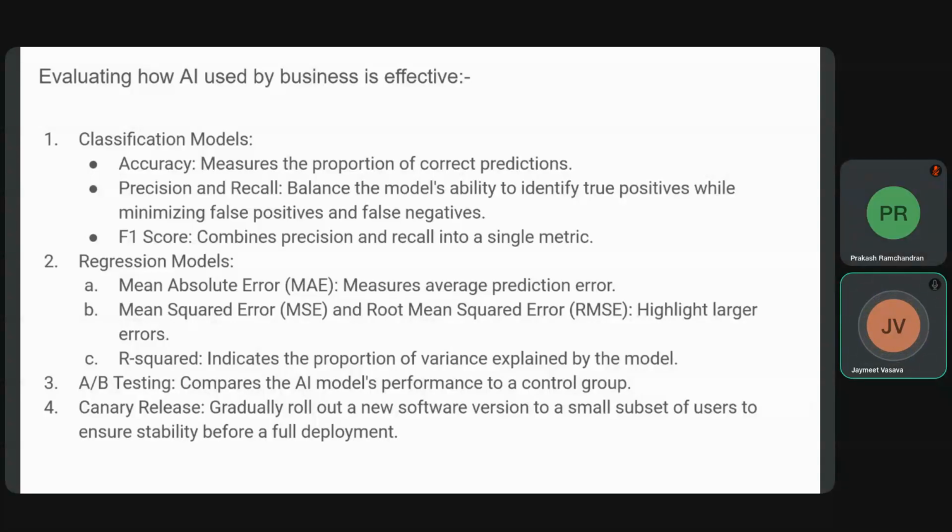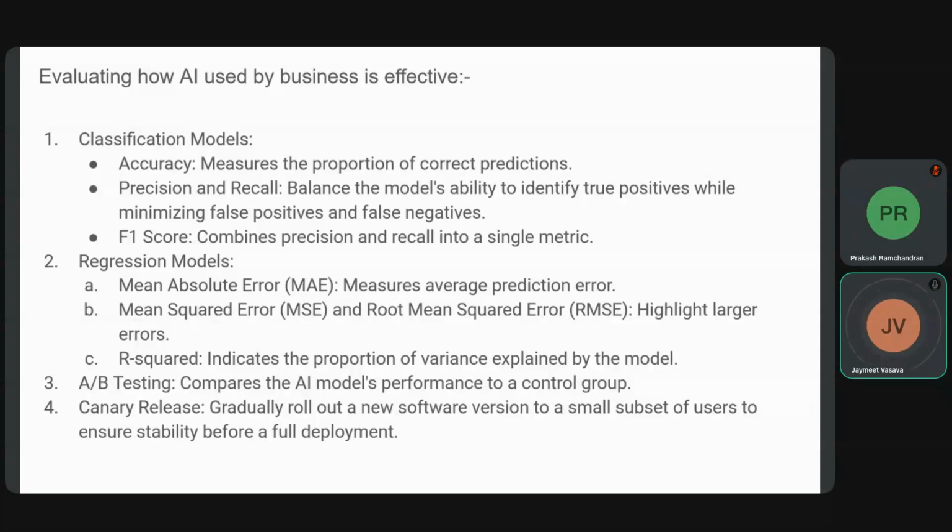Then the regression models have mean absolute error and root mean square error. Also, because we calculate the mean squared error, we are able to get the root mean squared error as well. Then comes the R squared test, which indicates the proportion of variance explained by the model.